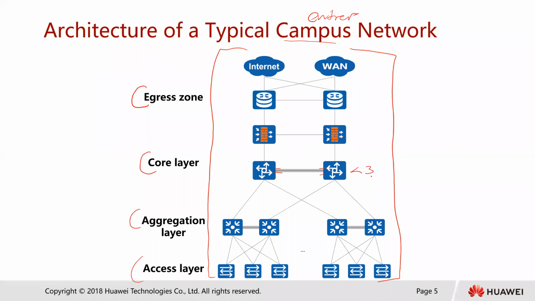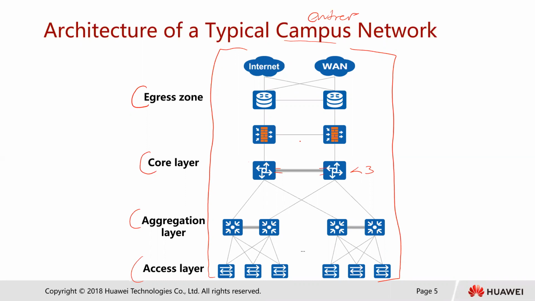The aggregation layer converges the traffic and control policies, and the access layer offers various access modes to the devices. You must know that in medium or large networks, like a campus network, someone designs the network in a way that it works in a split network function.